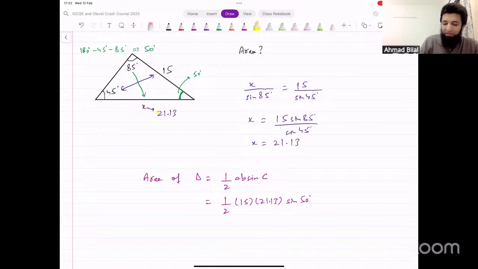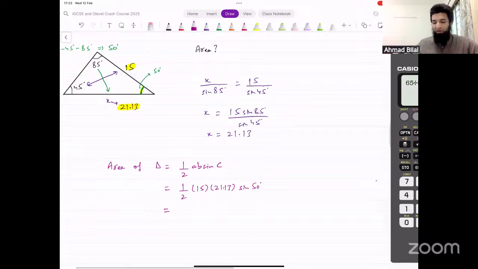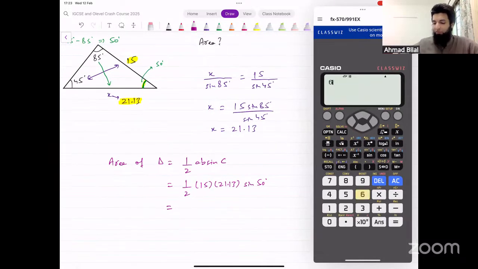We're using this side, and the angle between them in the formula, and that should give us the area of the triangle. You just put everything here in the formula and see what that gives you. Half times 15 times 21.13 times sine of 50, and that's giving me 121.4.